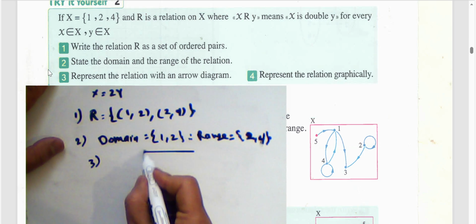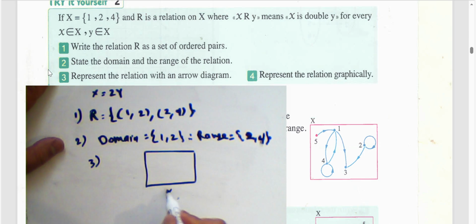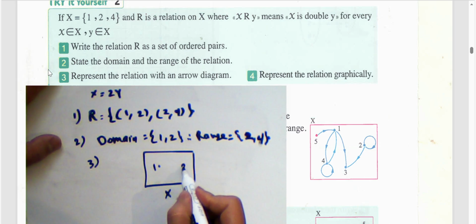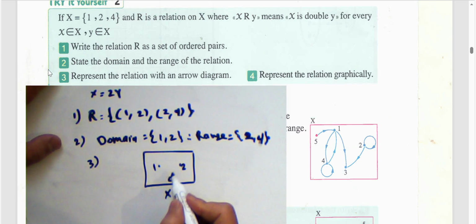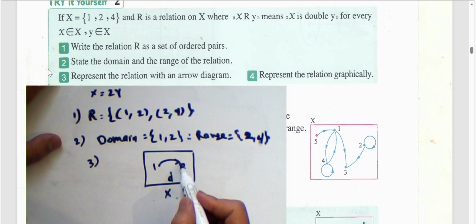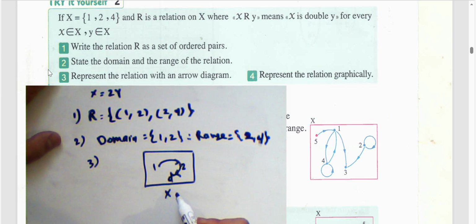represent with a diagram. We can draw the same points because x is related with itself. Okay, x with 1 and 2 and 4. The image from 1 was 2 and 2 was 4. This is number 3.